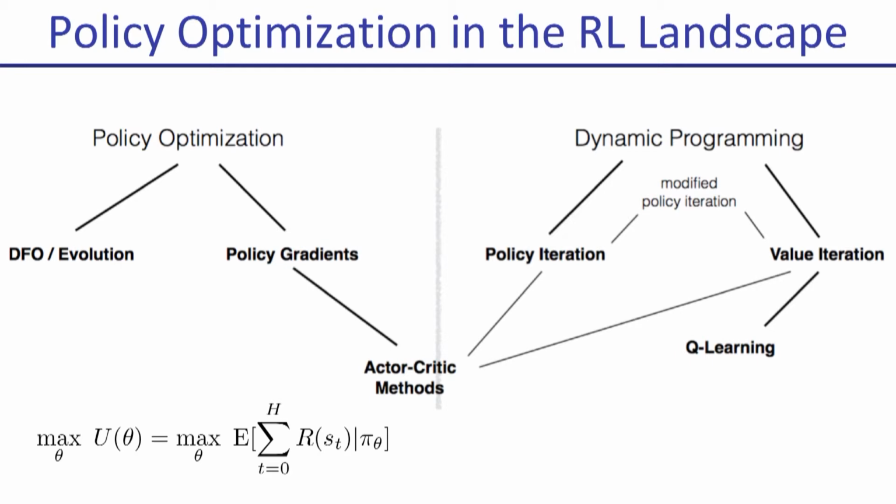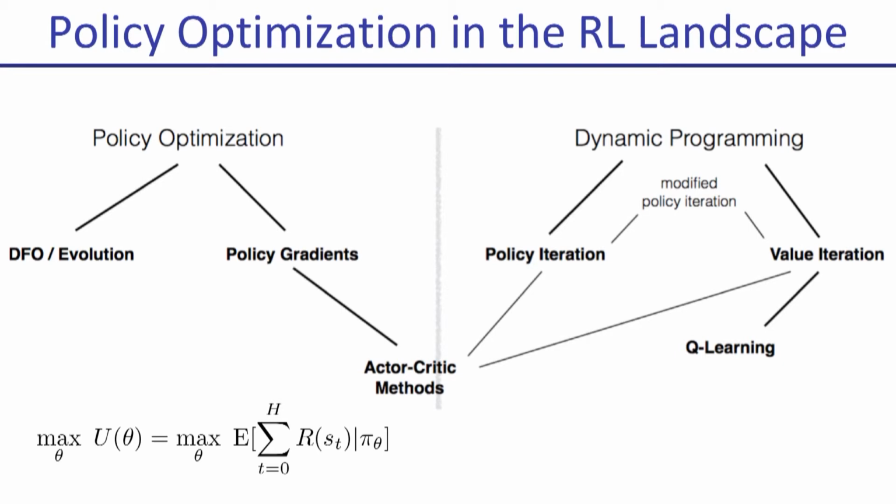From many of the recent lectures, we have also seen another branch of techniques called policy optimization. That is, we have some policy parameterized by theta, and then we directly write down an objective function, the expected return that we would get if we execute this policy, which we can call U of theta.